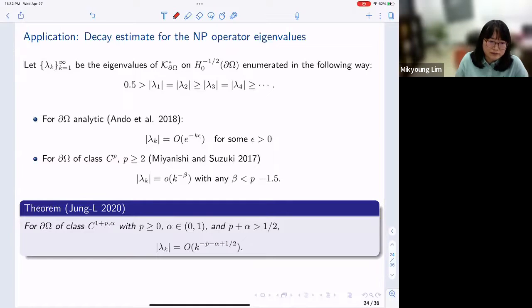And with my former student, Chung, we showed that for the class of C^(1+P,alpha), lambda k decays like k to the minus P minus alpha plus 1/2. And the result is just obtained from this matrix expression and the previously known result on the Grunsky coefficient decay. Just combining that, we have this result.